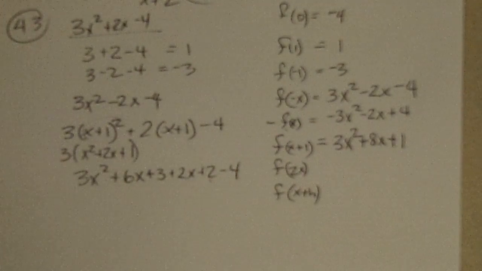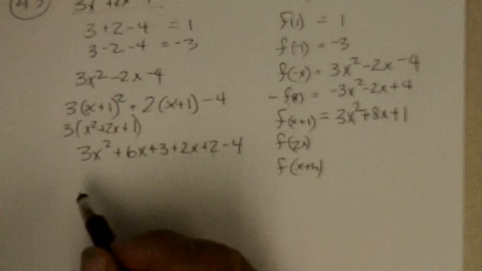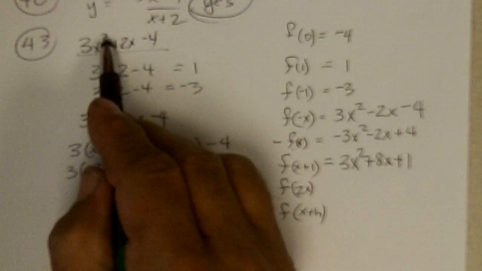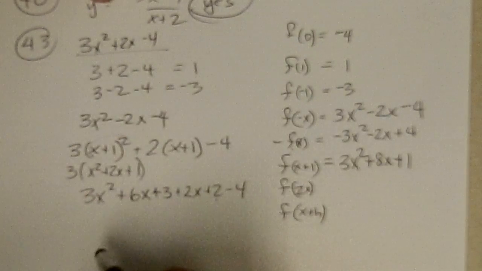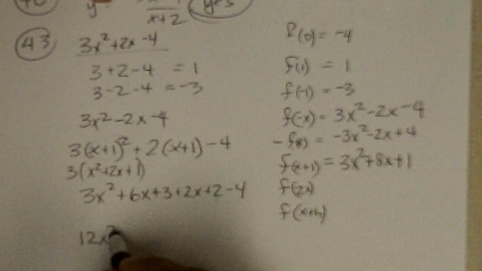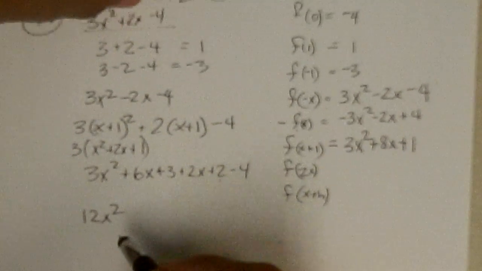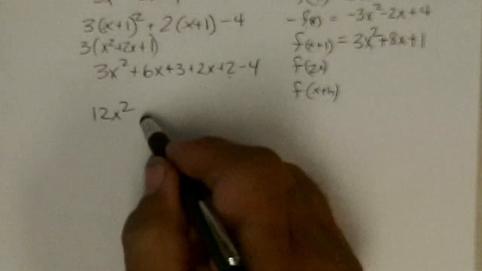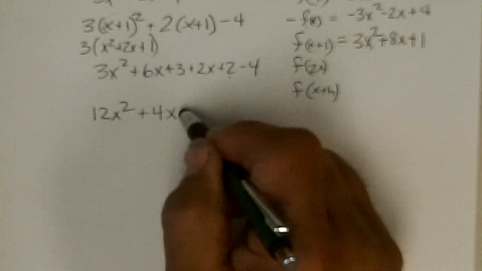Let's put in 2x. So I get 2x times 2x is 4x squared, times 3 is 12x squared. 2 times 2x is 4x minus 4.